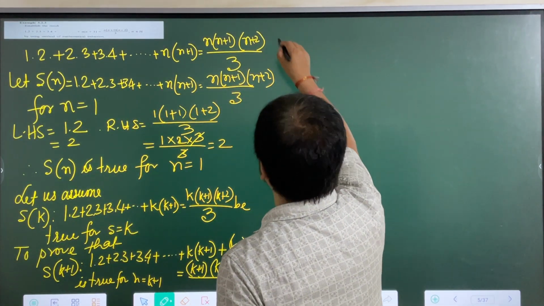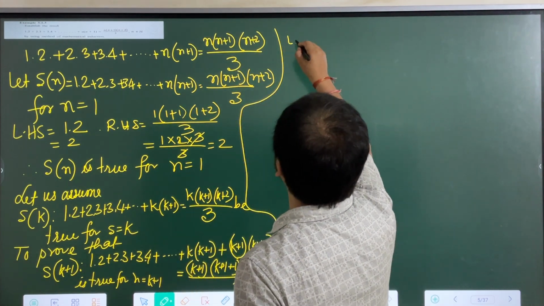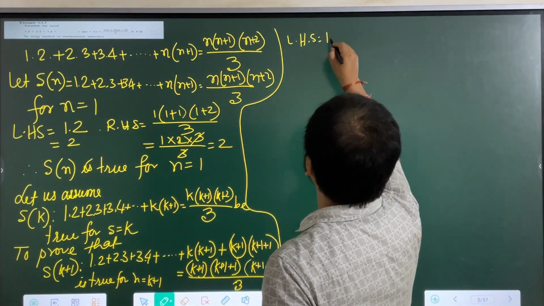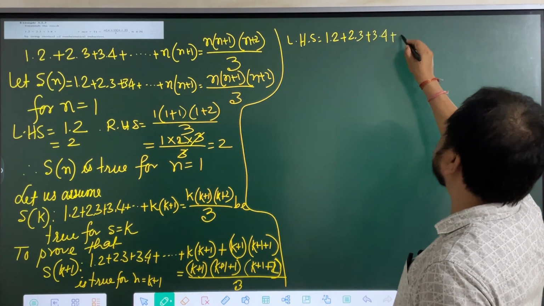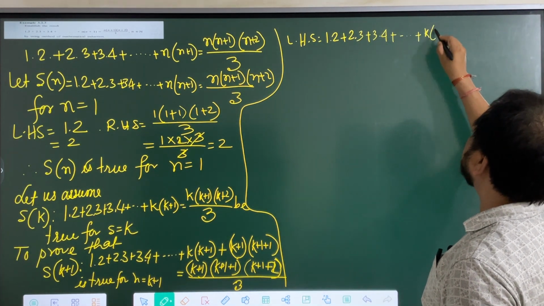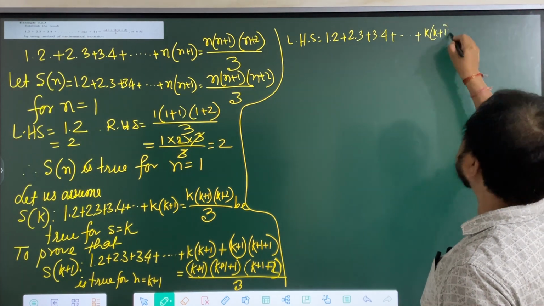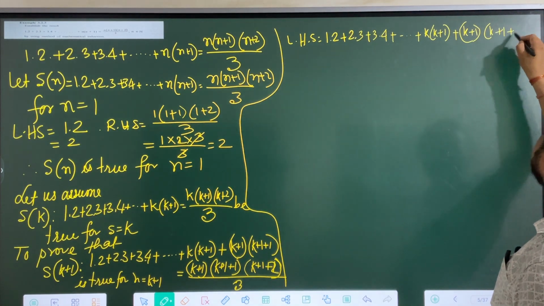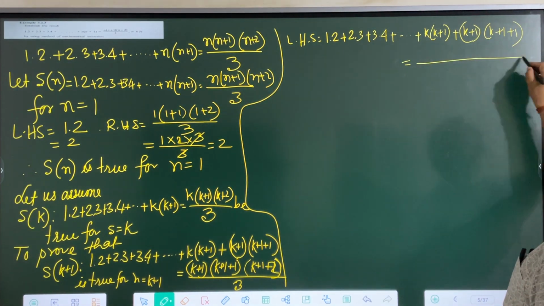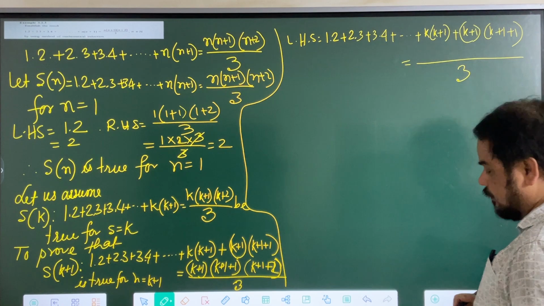Let's write left hand side. 1 into 2, 2 into 3, 3 into 4 plus k into k plus 1, I think, yes. Then k plus 1 into k plus 1 plus 1 equals to, sorry, left hand side.